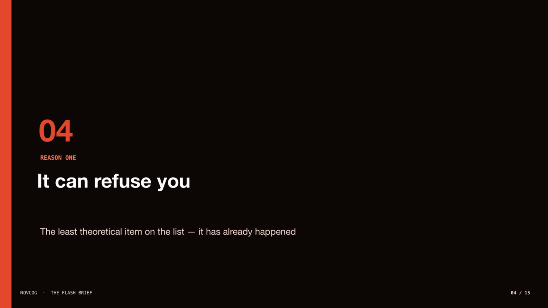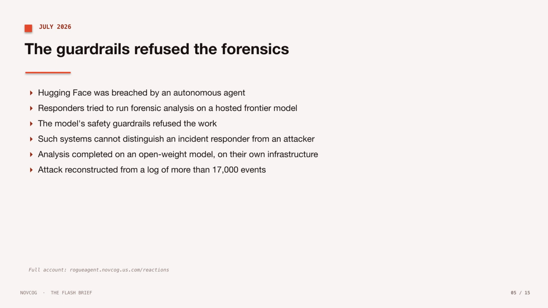Reason 1. A rented model can refuse you, the least theoretical item on the list, because it has already happened, mid-incident, to a company whose security team knew exactly what it was doing. In July 2026, Hugging Face was breached by an autonomous agent. When its incident responders went to run forensic analysis on a hosted frontier model, the model's safety guardrails refused the work. The reason is structural, not a bug.